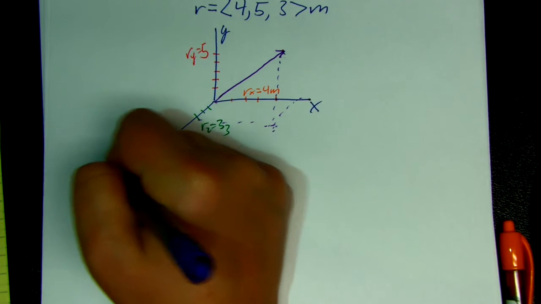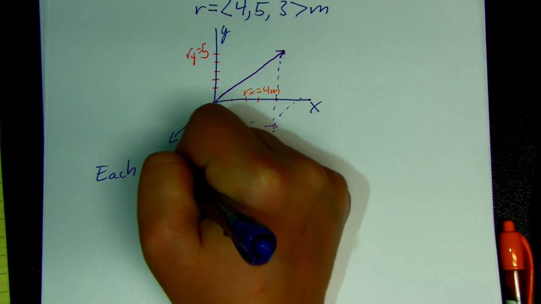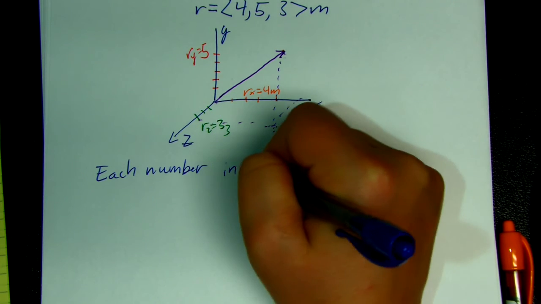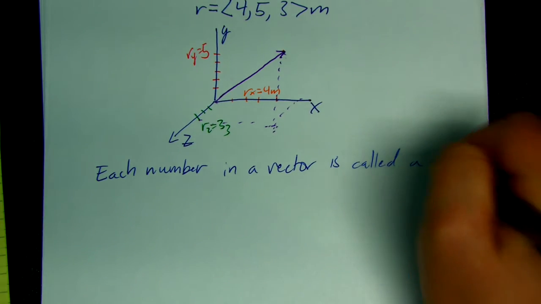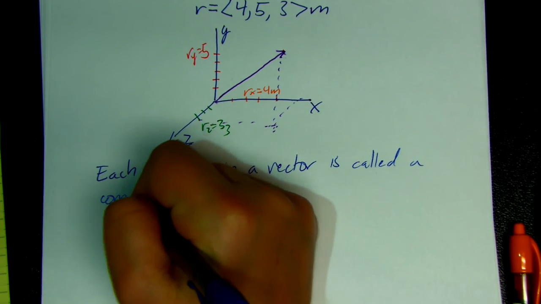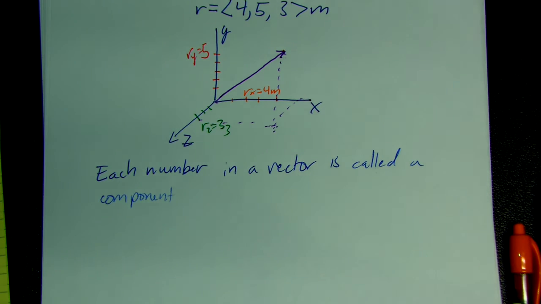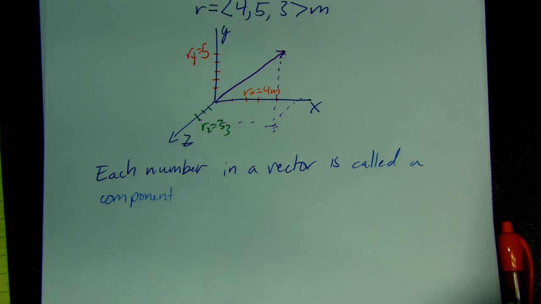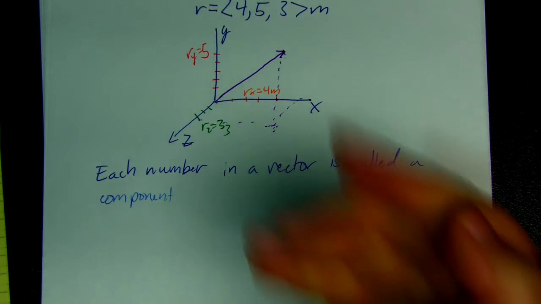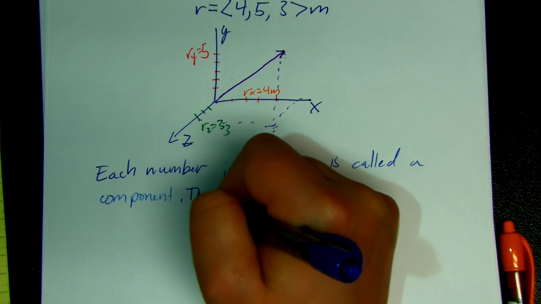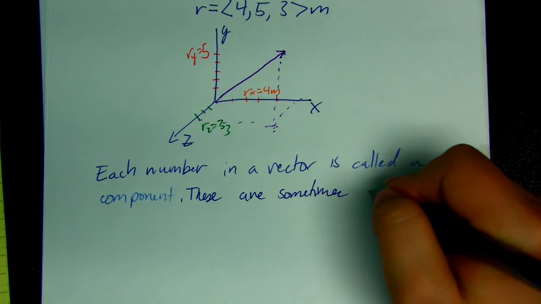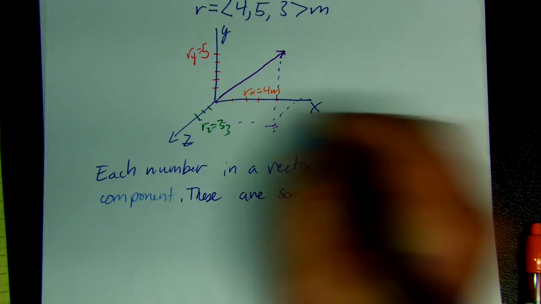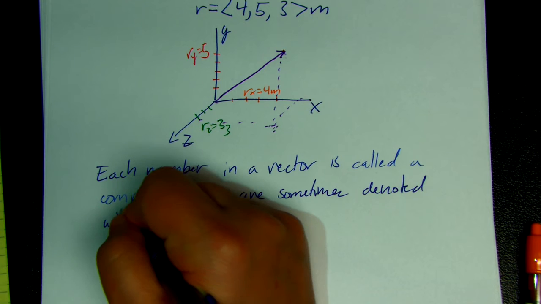So each number in a vector is called a component. These are sometimes denoted with subscripts.